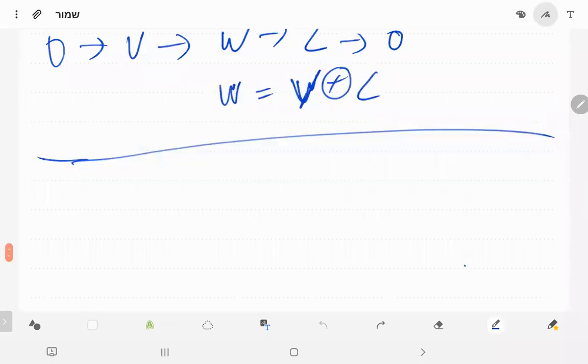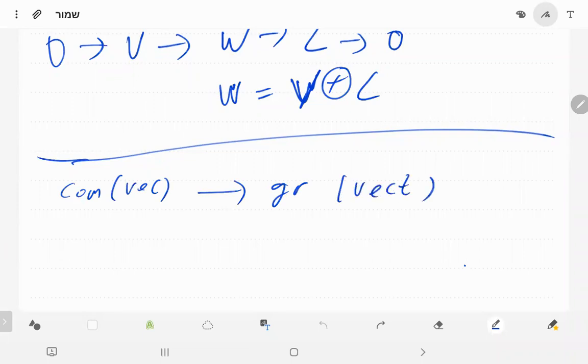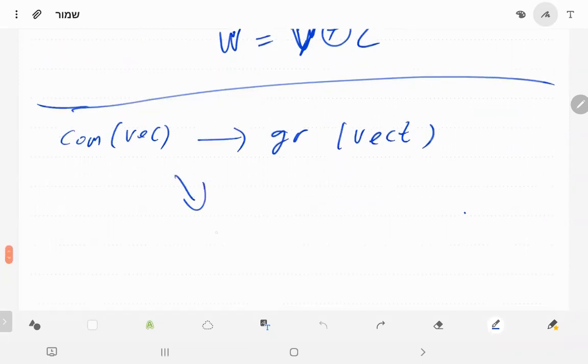What happens here? So we have complexes of vector spaces, and we have graded vector spaces. For any category, you have such a functor, and by definition, it factors through the derived category, because it maps quasi-isomorphisms to isomorphisms.